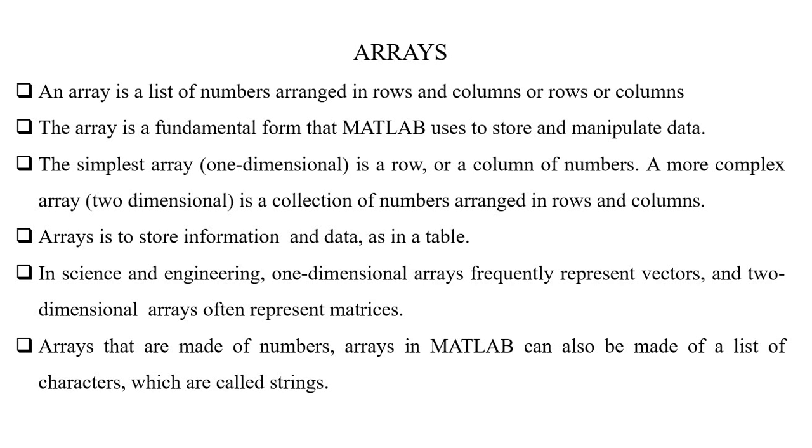A one-dimensional array frequently represents a vector, and a two-dimensional array often represents a matrix. Arrays are made of numbers. Arrays in Matlab can also be made of a list of characters, which is called a string.